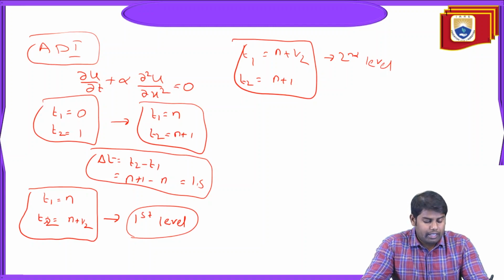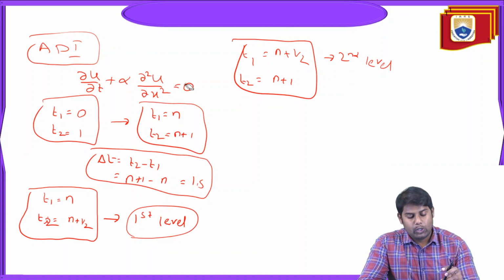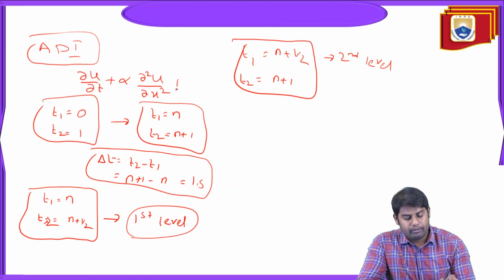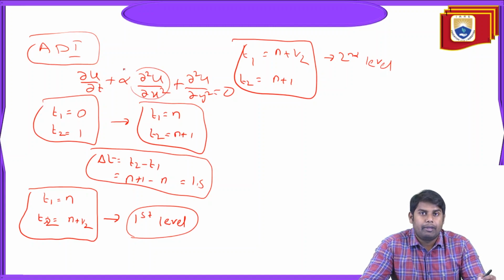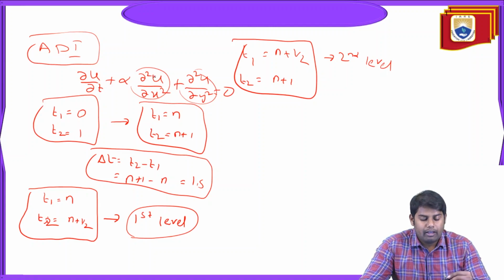In the first level, in the x direction we will take the implicit method, and if we take 2D, which additionally has dou square u by dou y square equal to 0, then in the ADI technique we initially take the x direction as implicit and the y direction as explicit, and for the next half, the x direction will be explicit and the y direction will be implicit.